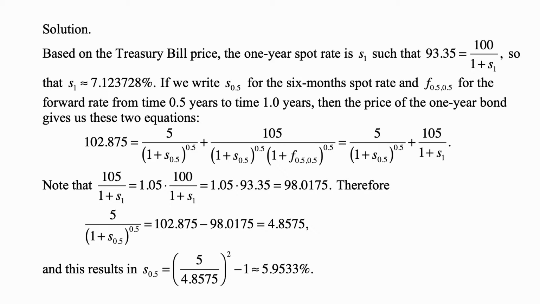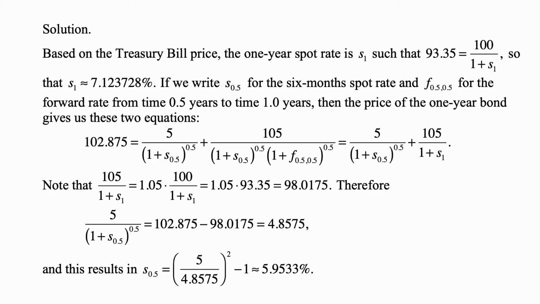That's the present value of the coupon paid in half a year, discounted at the S.5 spot rate for half a year, but this is an annual rate. That's why the whole expression is taken to the 0.5 power. So it's the spot rate for 0.5 years, but annualized.